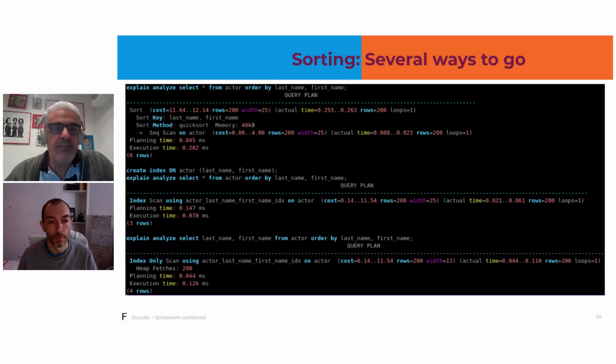Why is that? How is that possible? Aren't indexes always faster than sequential scans? Actually, no, it's exactly the contrary. To scan an index entirely costs a little bit more than to scan the table sequentially. If you look here, the sequential scan cost in the first select is 4 for all the rows. The sequential scan on actor is 4.